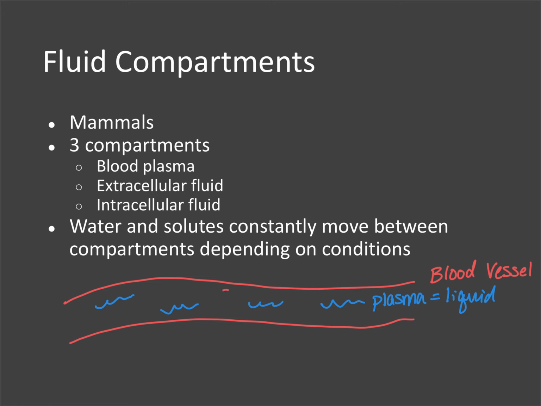Now you do have red blood cells moving in that plasma. You also have white blood cells and proteins and other things in there, but I'm just going to focus on the red blood cells for now. The purpose of blood is to transport different molecules to the cells and then remove other potentially negative molecules away from cells. And so these molecules can diffuse out of the blood and into the body cells.